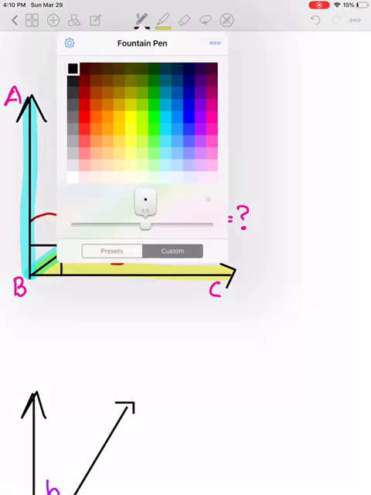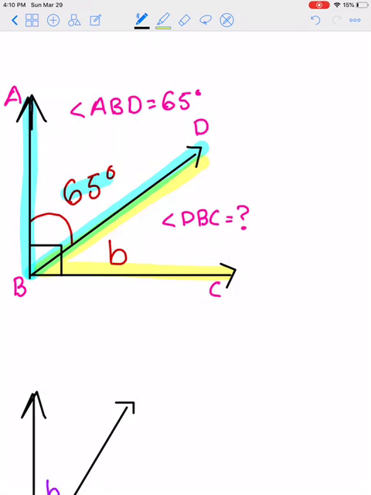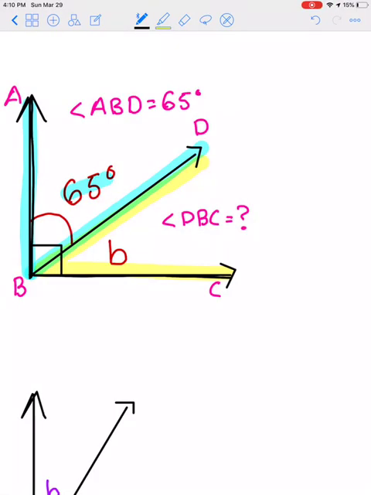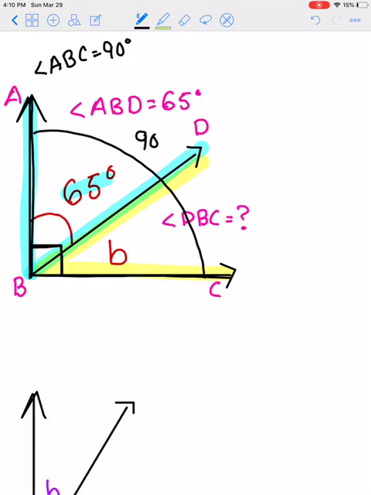Well, we know that this whole angle is 90 degrees because of the way it's shaped. This is angle ABC, it's 90 degrees. And I could tell it's shaped like an L. It has a square to measure its angle. It is a 90-degree angle. So inside this whole thing measures 90 degrees.